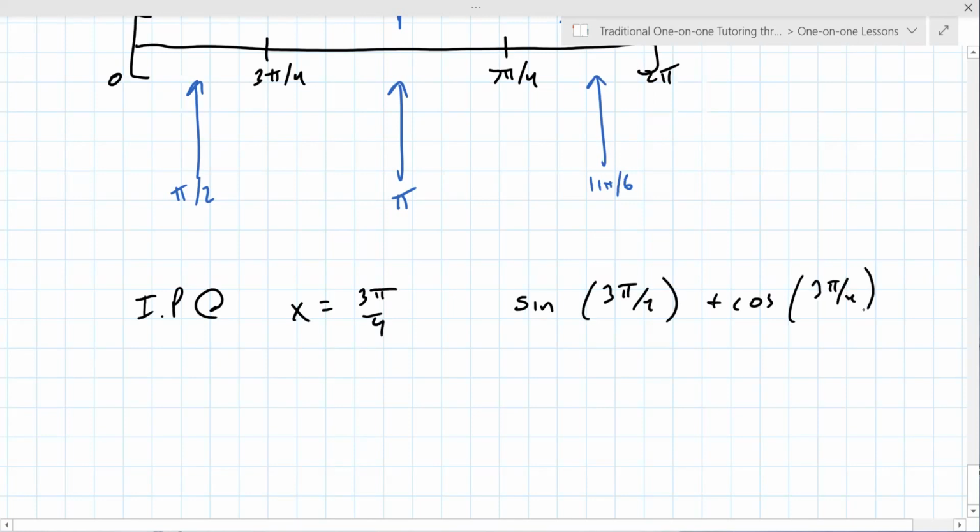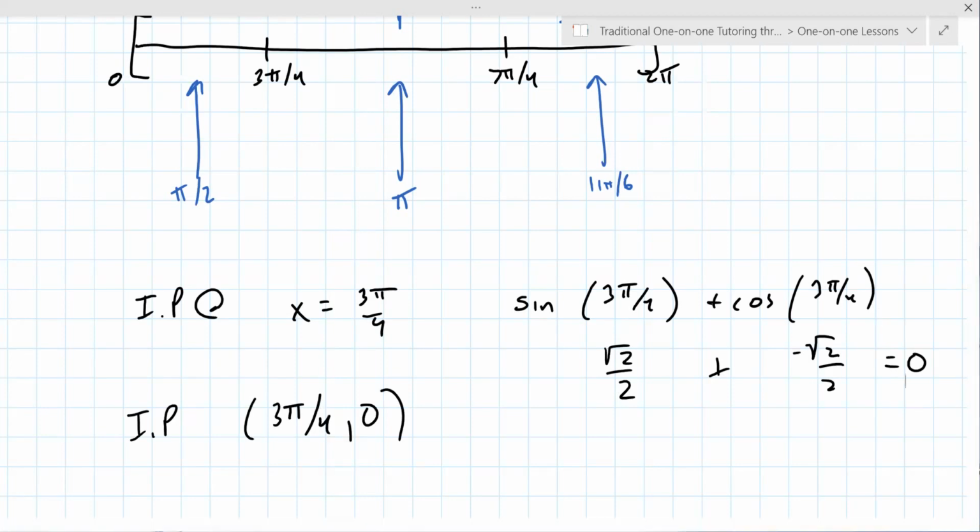I think, is that the original? Yes. Okay. So one ends up being square root 2 over 2, and this one's negative square root 2 over 2. So the inflection point has a y value. It's a point. So it's 3 pi over 4 comma 0, because this equals 0.